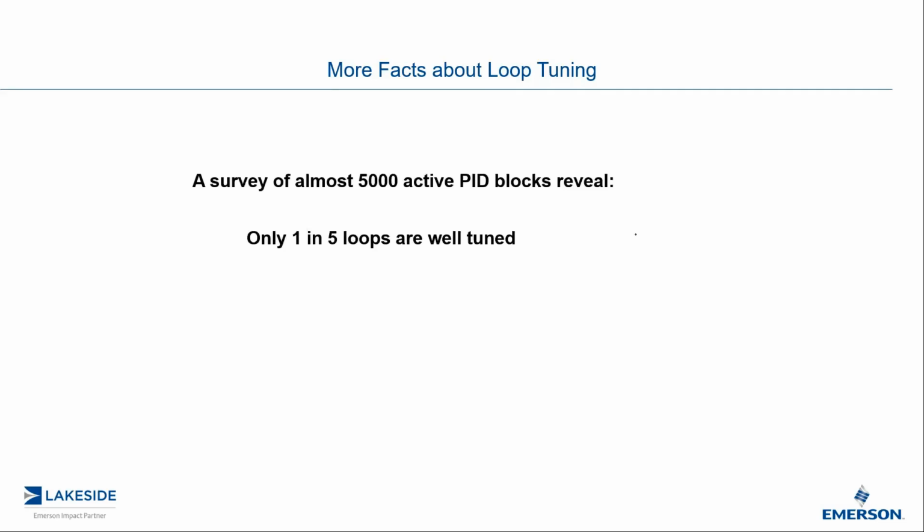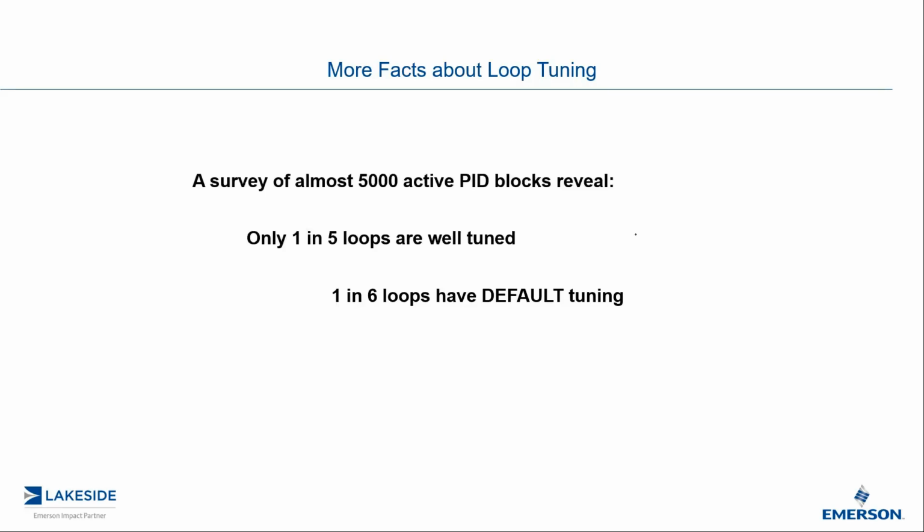So I could take a look at a flow controller, and I know what the range of tuning values should be for a flow controller. Same thing for a level controller, and so forth. And when I look at it, out of 5,000, only 1 in 5 are properly tuned. More shocking, 1 in 6 actually have default tuning.